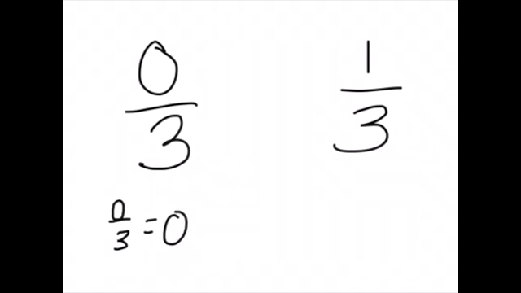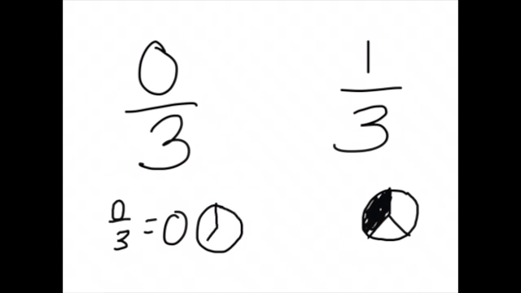And 1/3, I know, is if I had a circle, one of those pieces would be colored in, right? If it was cut into 3 pieces, well, this 0/3 would look like none of them are shaded in. 0 are shaded in. So 1/3 is obviously the bigger fraction.